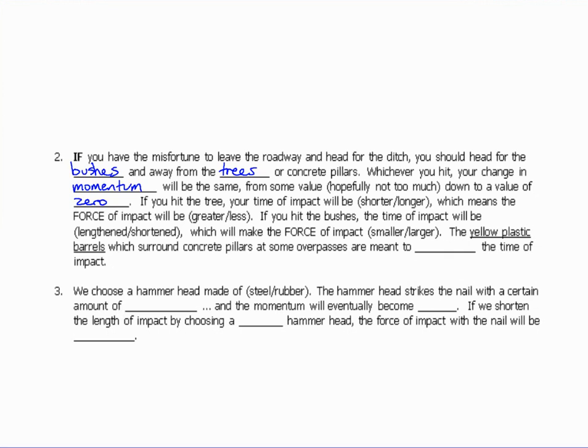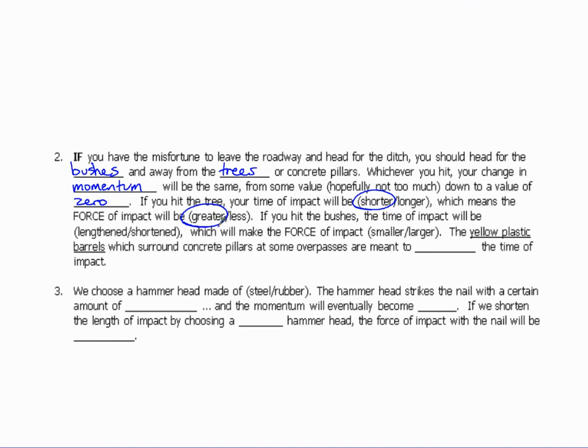If you hit the tree, your time of impact will be shorter or longer? Shorter. Which means the force of the impact will be greater or less? Greater.